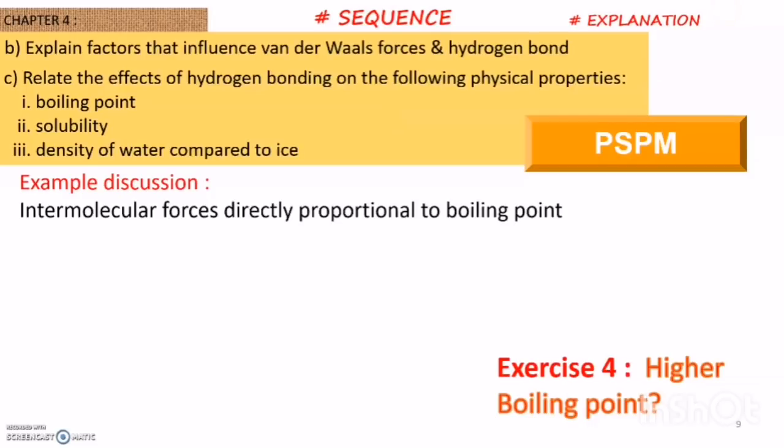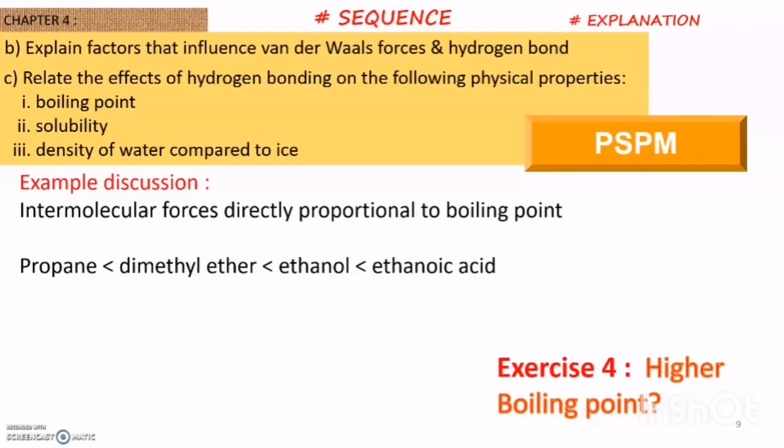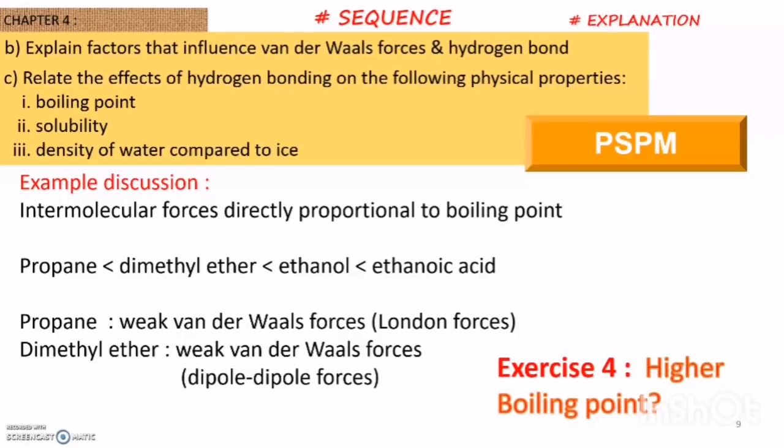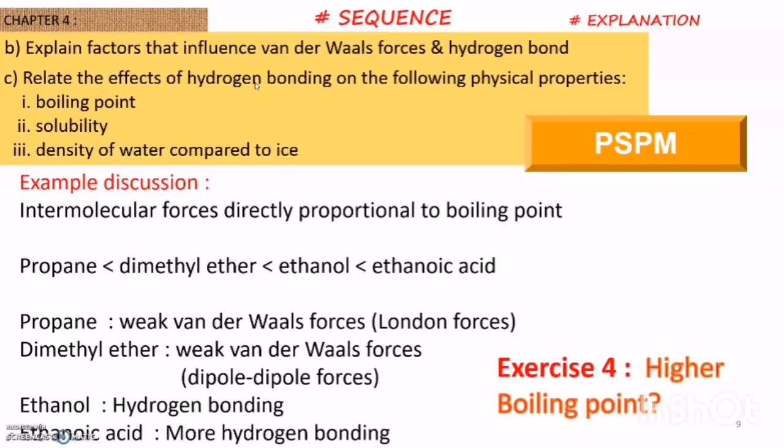So if you take a look at the example discussion, intermolecular forces are directly proportional to the boiling point. Alright, in the sample we have propane, dimethyl ether, ethanol, ethanoic acid. We can identify propane with van der Waals forces, London forces, dimethyl ether also with van der Waals forces, but with dipole forces. Ethanol has hydrogen bonding.